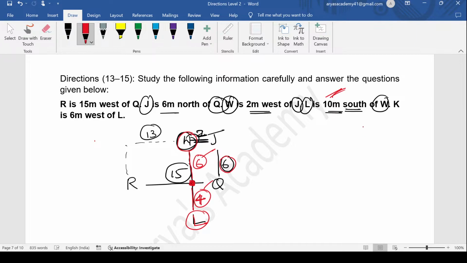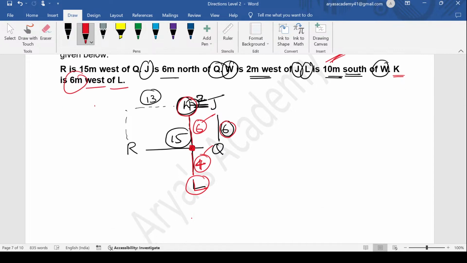Then finally the last point K. K is 6 meters. Which direction? West. From where? L. 6 meters from L, right? So from L, if I just go for 6 meters, I'll get another point which is named K. See, this particular distance is actually how much? 13, as I have written already, right?